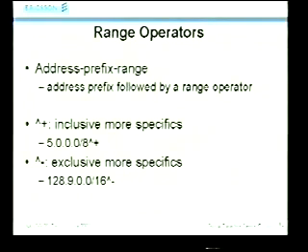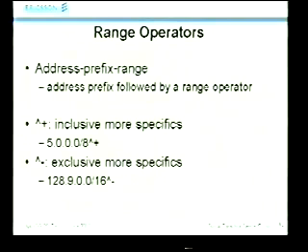When you're talking about routes and route sets, a very useful thing in RPSL is range operators. This specifies an address prefix range, which is an address prefix followed by a range operator. There are several types of range operator. The up arrow or caret sign followed by a plus is the inclusive more specifics.